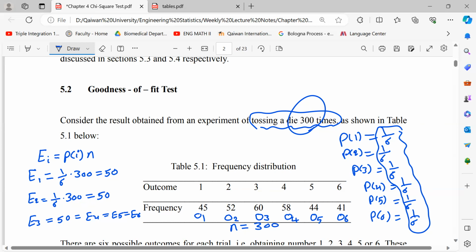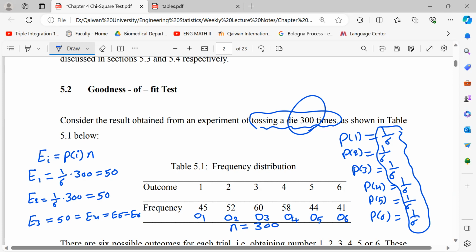If I throw the dice once, it's possible to get 1, and the probability of obtaining 1 is 1 over 6. How about throwing the dice 6 times? It's 1. Obtaining 2 is the same, 3 the same, 4, and so on.